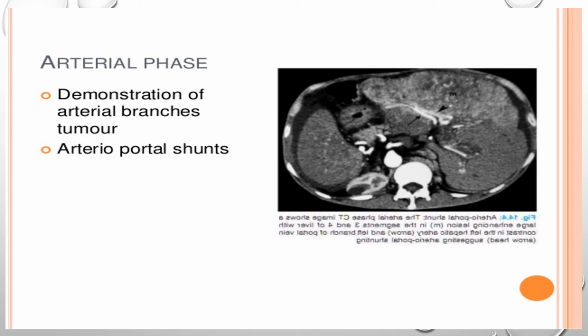In the arterial phase, you can also demonstrate arterial branches and arterial portal shunts, the abnormal vascularities which develop in the lesion.